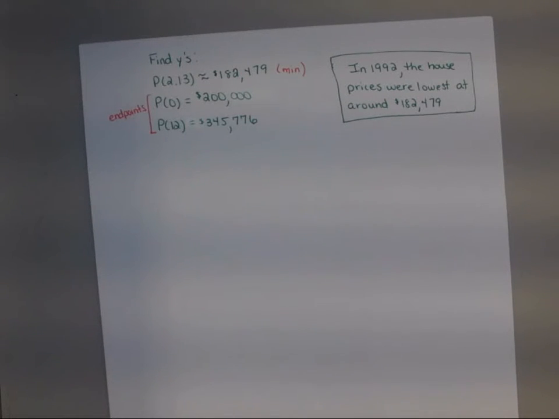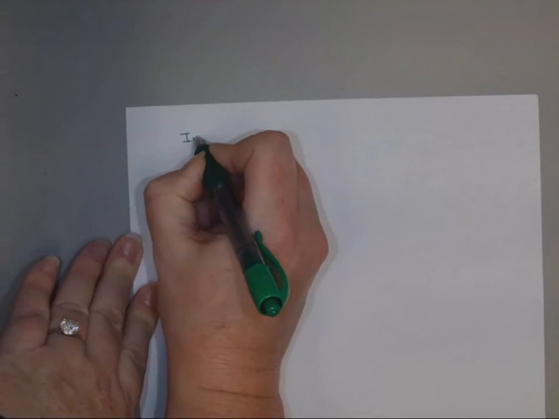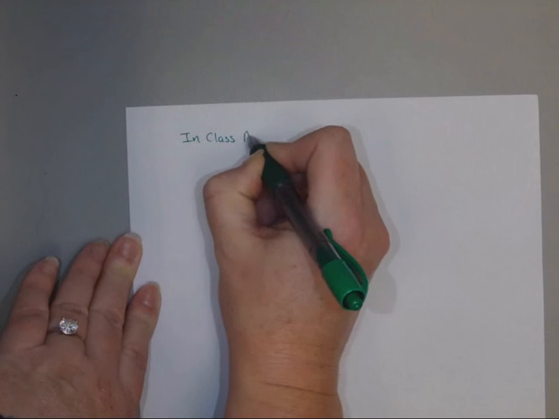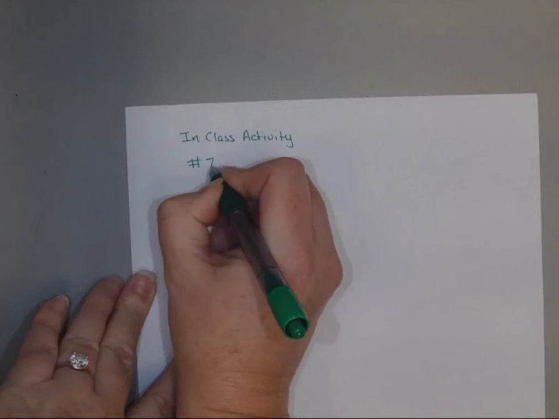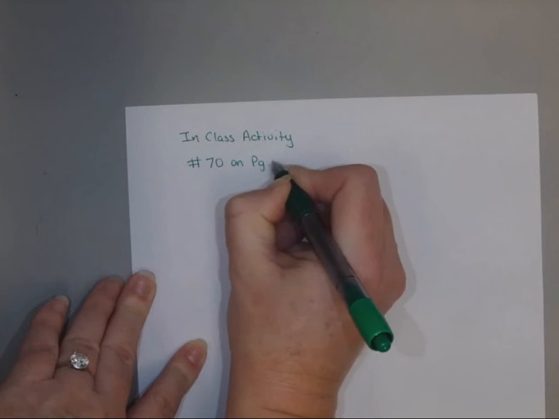Okay, I want you to do a problem, and you're also going to use your phones and the internet to see if this is legit. Since we have an old book, we can actually see if what we find came to be or not, okay? So for an in-class activity grade today, I want you to look at number 70 on page 722. Now this is talking about the world's population, okay?